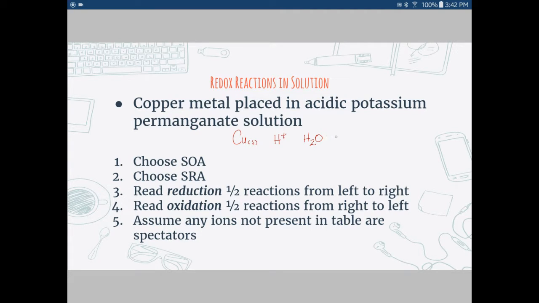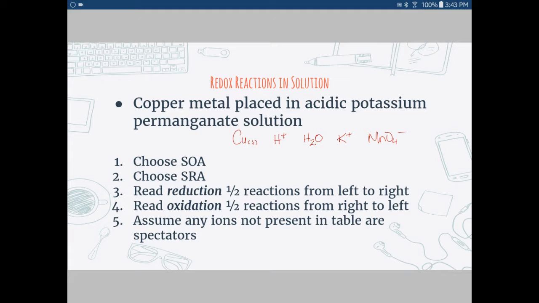I don't need to list water twice, I only need to list it once. Also I know that potassium permanganate is an ionic compound and it's in a solution, which means that it dissociates into potassium and permanganate ions. So I've listed all entities that could be in this reaction.